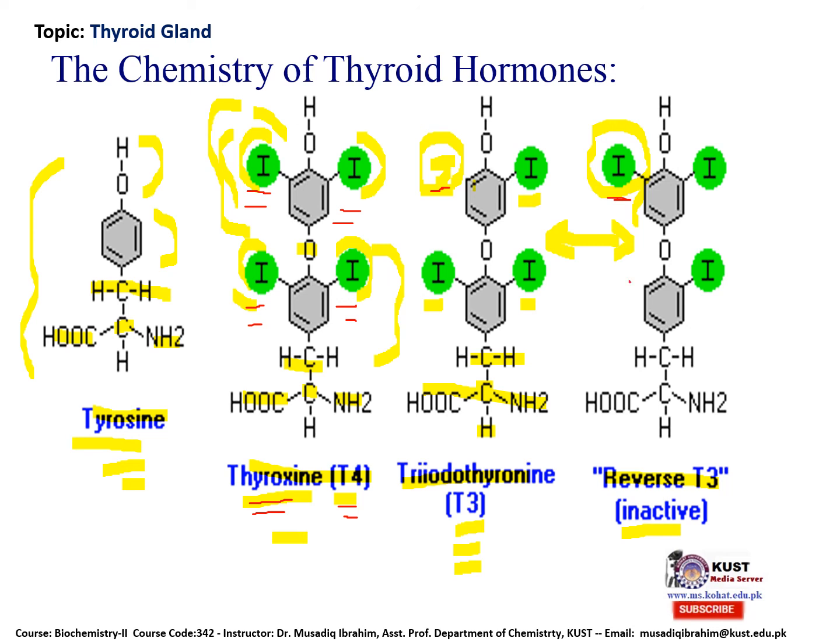And in the next molecule of tyrosine, you can see that there is no iodine present at this position in reverse T3, while in the case of the active form T3, the iodine atom is present, which is covalently linked to the aromatic ring of the modified form of tyrosine. So that is how there are two differences between the active form of T3 and the inactive form of T3.